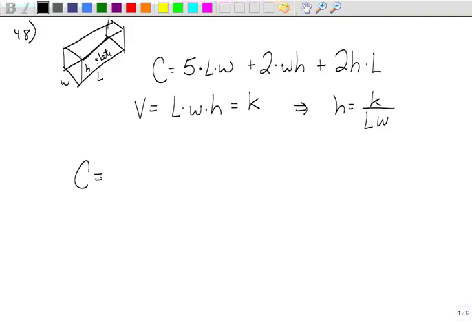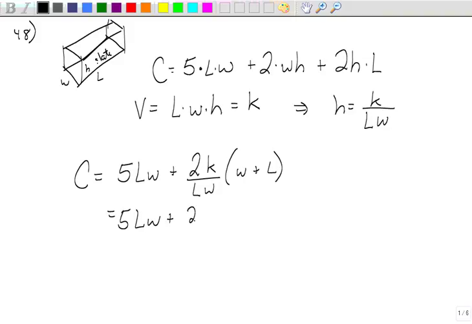So our cost function is 5LW plus 2K over LW times (L plus W). And that's 5LW plus 2K times (1 over L plus 1 over W).